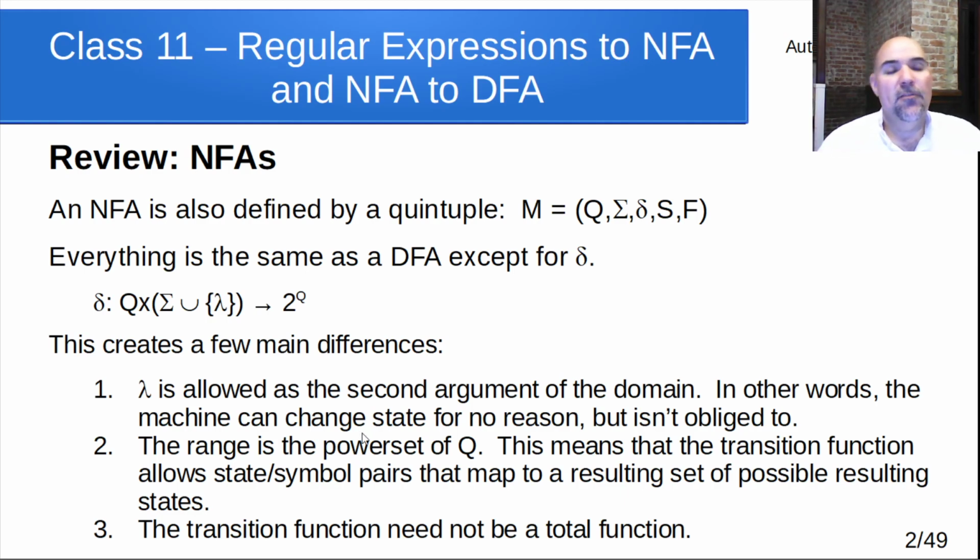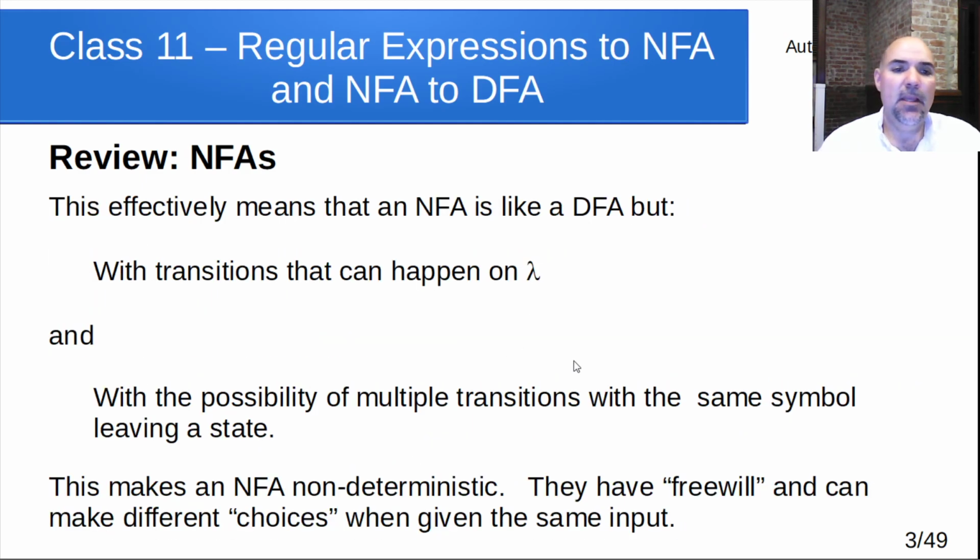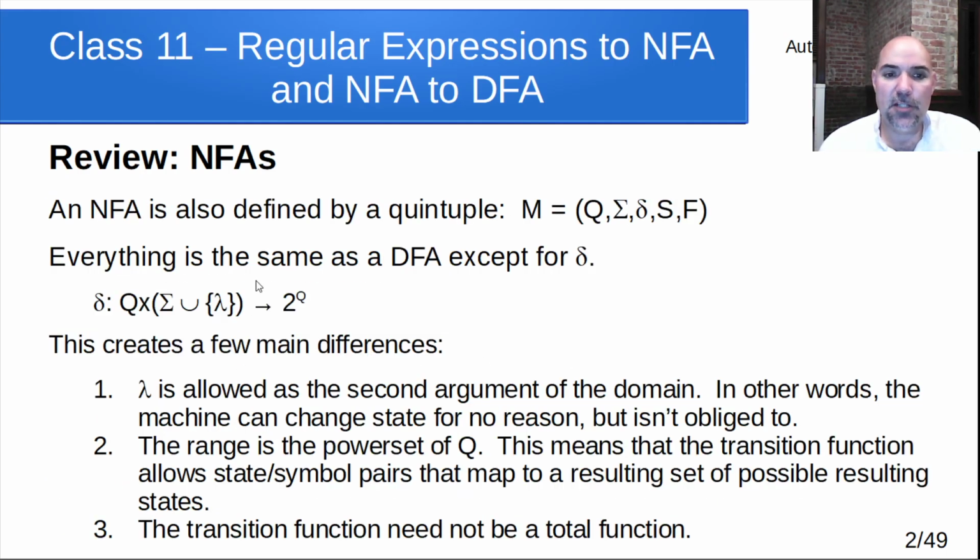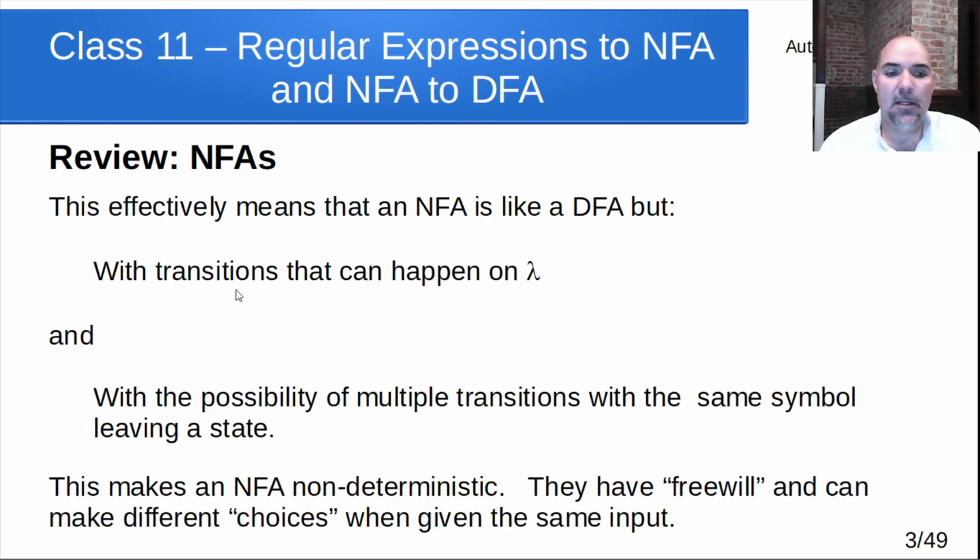And one final thing is the transition function doesn't have to be a total function. So NFAs are like DFAs, but allow lambda transitions, change state for no reason, not obligated to, but could if it wanted to. And the other thing was having multiple transitions leaving a state with the same symbol. And that's what this change in the transition function caused to happen.